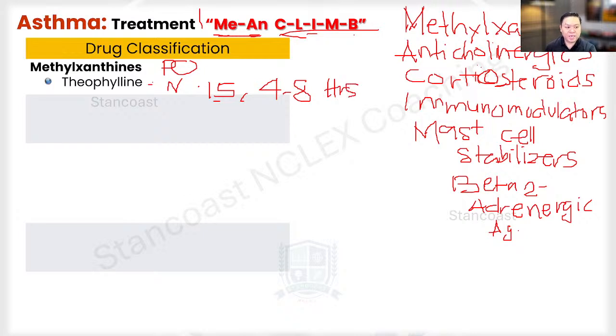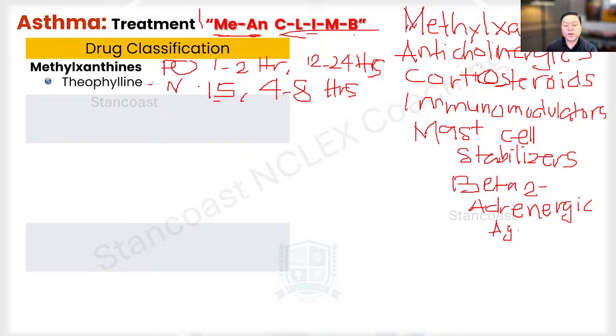Now, for the PO, this can work a little bit delayed, okay? The onset will work within 1 to 2 hours, and it can last for 12 to 24 hours. So guys, I want you to really understand that if the patient is given an oral medication, you're going to expect that the onset will be slower, right?